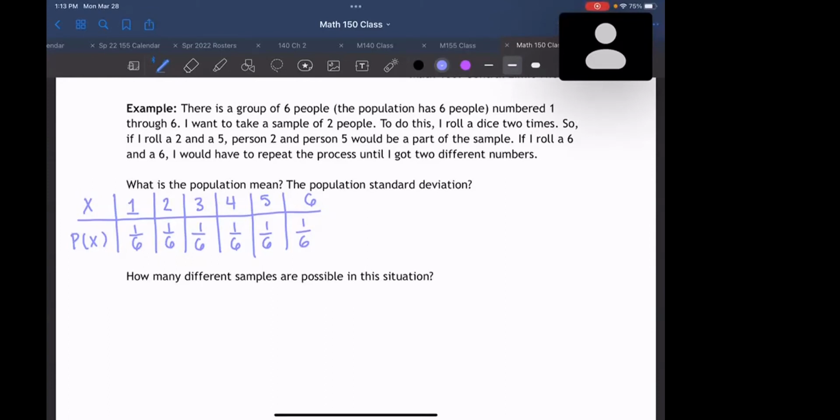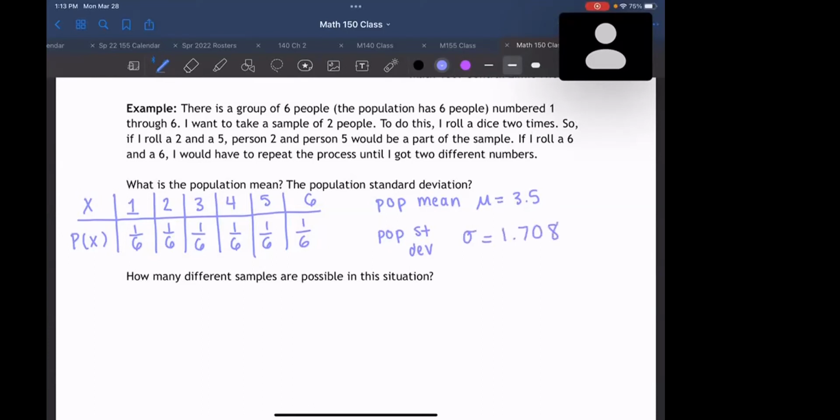Now you can calculate this on your own, but I'm just going to skip a step here and show you that the population mean is 3.5. Okay, we would find this by multiplying across the columns and adding them up, but don't worry about it now. And the population standard deviation, I'm going to give it to you as 1.708.